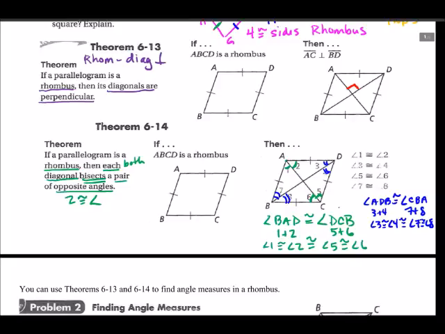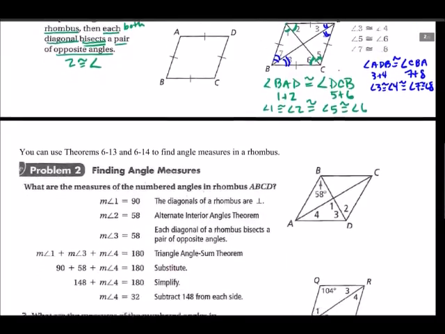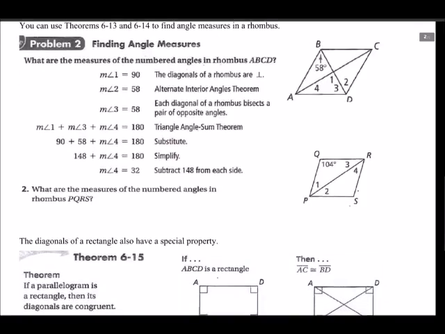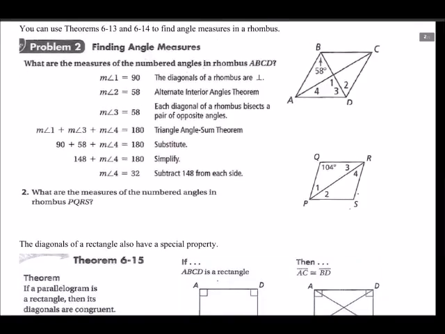All right, I bet we get to use this now. Yay, this lets us find angle measures. So we are asked, what are the measures of the numbered angles in rhombus ABCD? So we know we have a parallelogram plus 4 congruent sides.